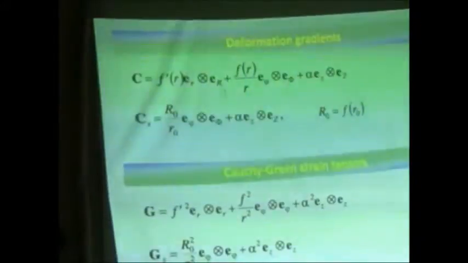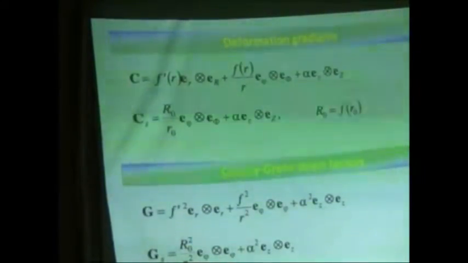Now, for this kind of deformation, the expressions for deformation gradients and strain tensors are relatively easy, and as you can see, the eigenvectors for the strain tensor coincide with the basis vectors of the cylindrical coordinate system.